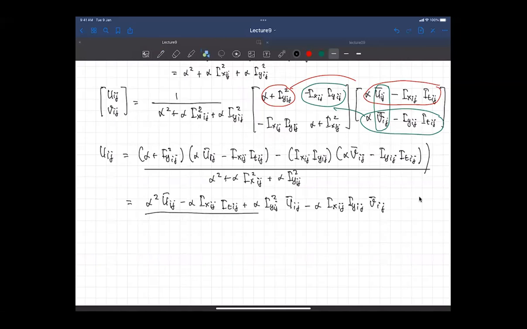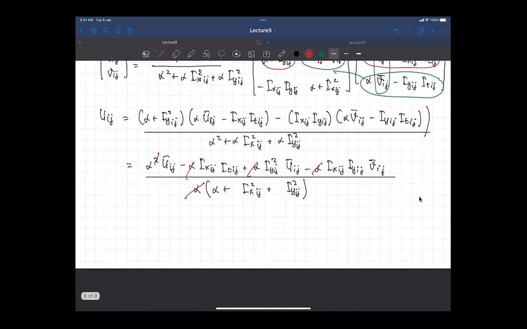And this one is divided by this equation here. And this equation can be simplified into alpha multiplied by alpha in that way, and then we can cancel this out. Right?